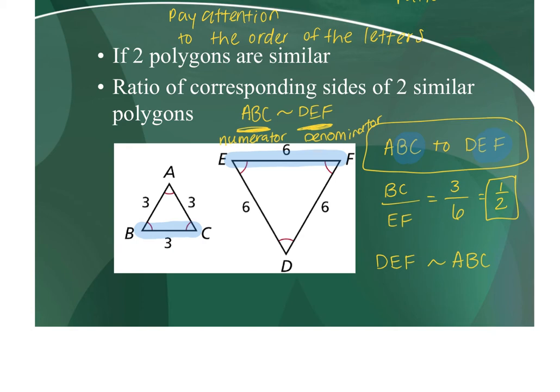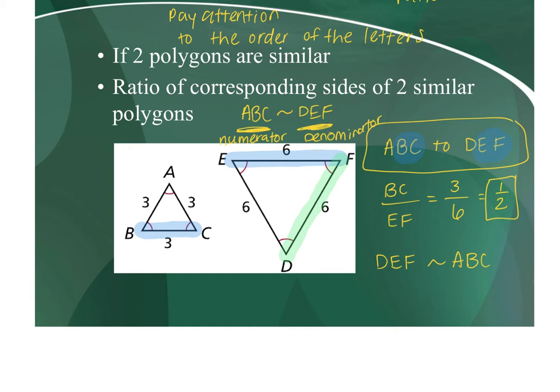Justin, pick any side other than EF in the second triangle. DF. Okay, DF. Nico, what's the corresponding side in ABC to DF?